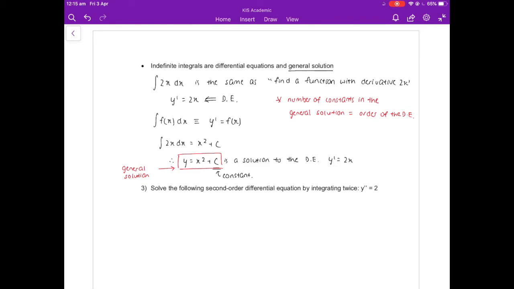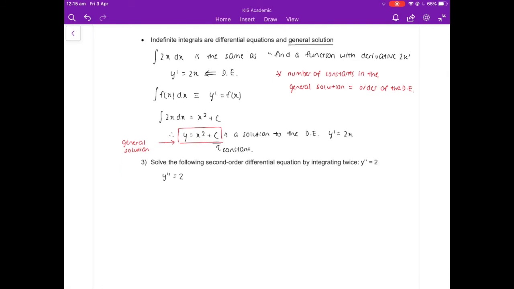which makes sense if we think about something like the next question. So solve the following second order differential equation y double dash equals 2. If we integrate it twice, we're going to have to find two different constants. So if I try to do this question, then I get, so the first one is y dash, which is integrate 2, which is 2x plus c.